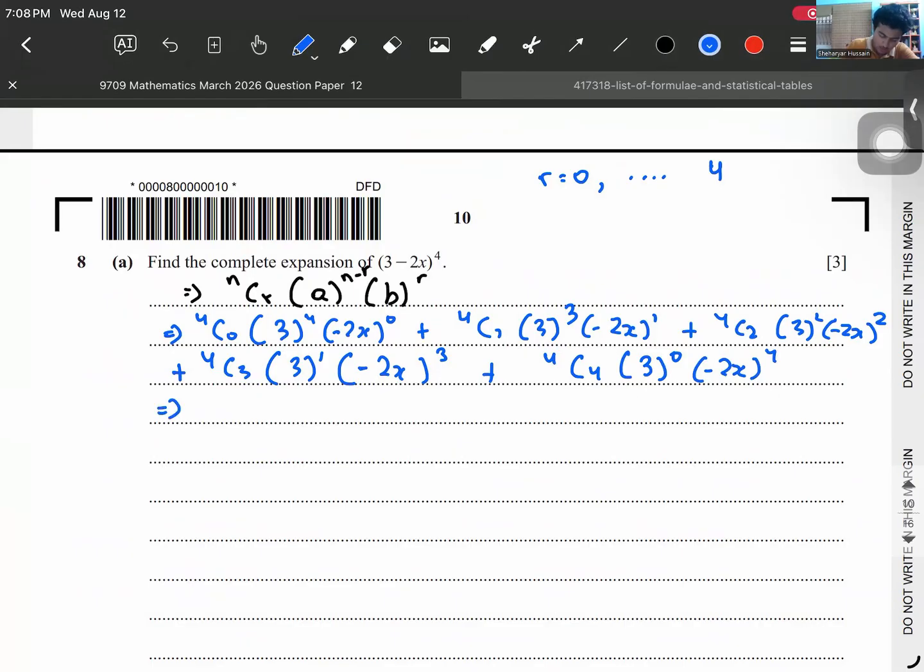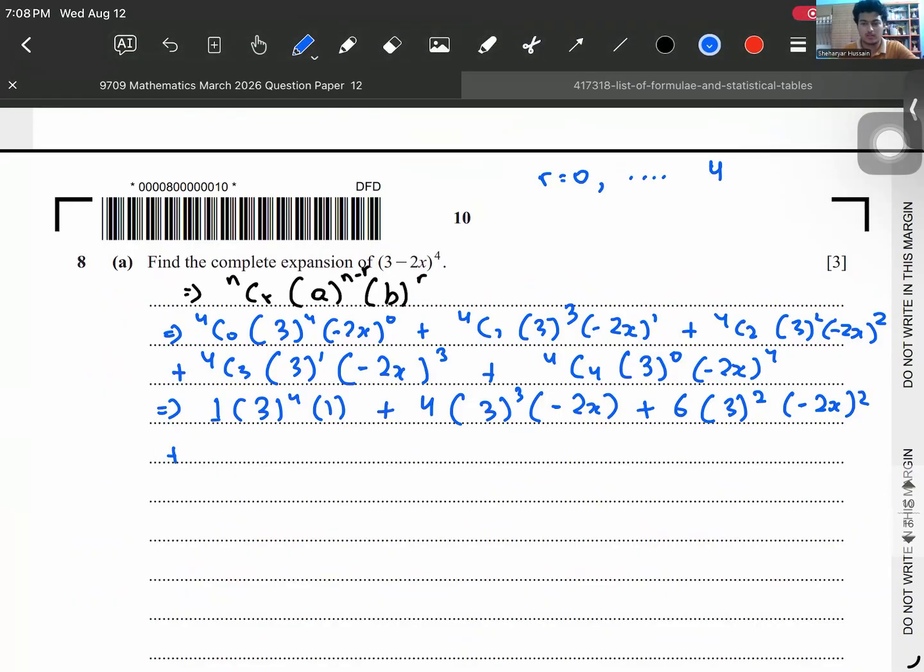Simplifying this, 4C0 is just 1, right? Times 3 to the power of 4 into 1, plus 4C1 is 4, 3 to the power of 3 and negative 2x, plus 6 times 3 squared into negative 2x squared. Sorry, I'm going to simplify it otherwise.